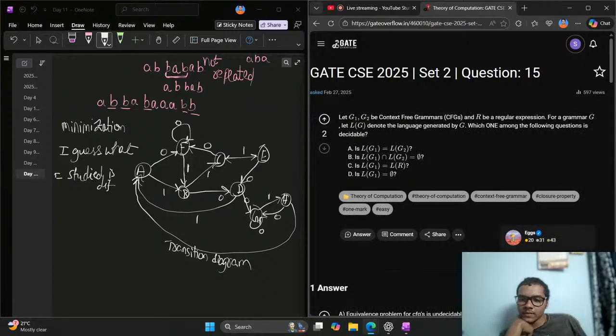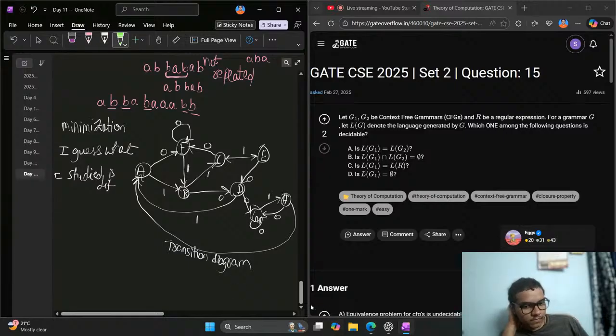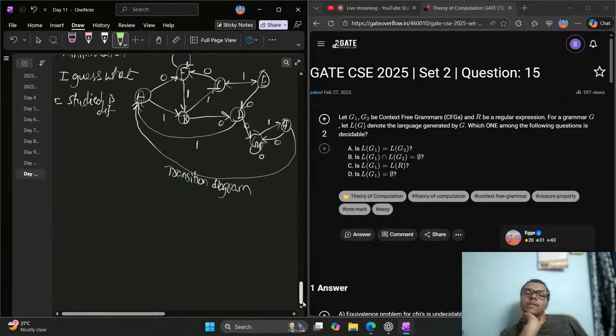And who's this guy? G1 and G2 are context-free grammars, and R is a regular expression. R is a regular expression for a grammar G language. Decidability.